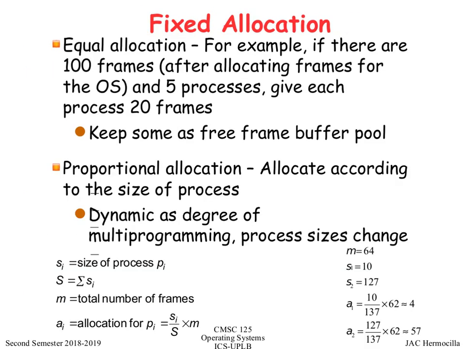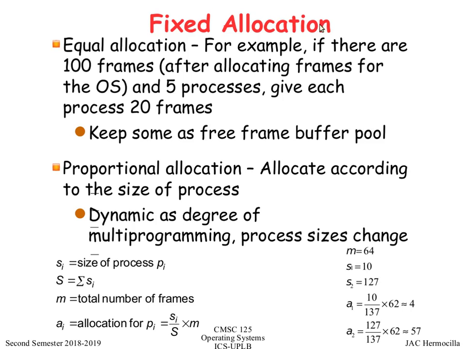So the fixed allocation, okay? You have many processes. In an operating system, in one system, you have space for the kernel and space for user processes. Okay? So for fixed allocation, you provide a fixed number of frames to each process.